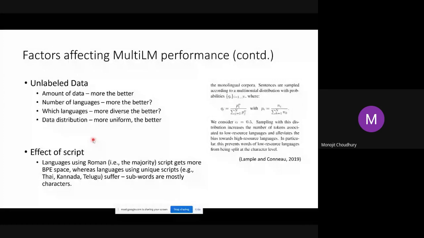There is another interesting issue. If you remember the BPE algorithm that we talked about, how we come up with these subword tokens: the higher the frequency of a string in the corpus, the higher the chance that it will be a subword.